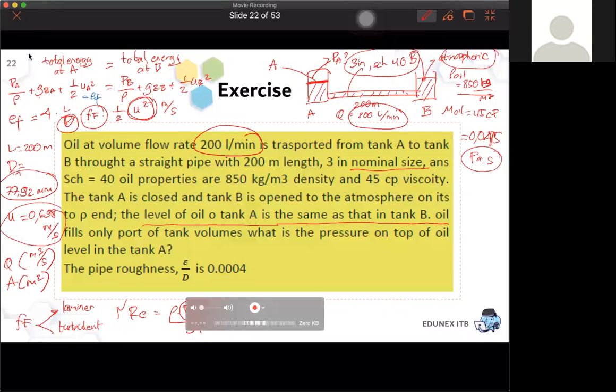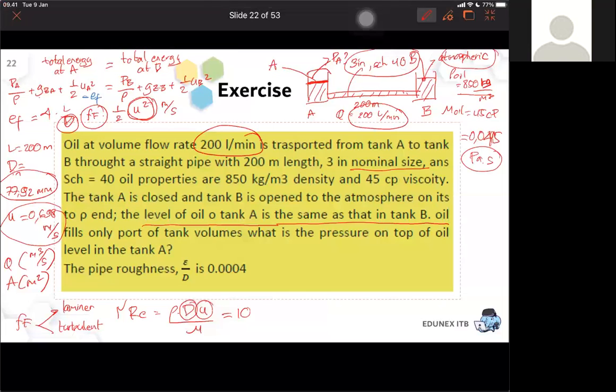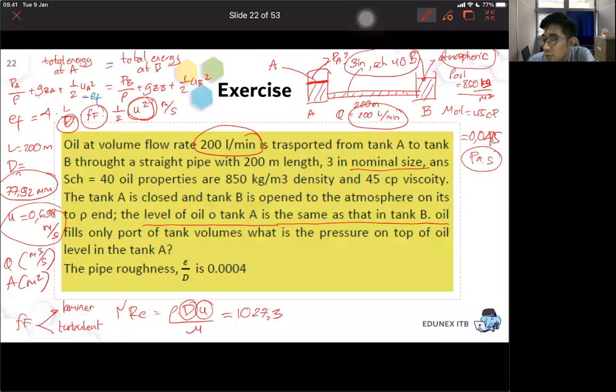I got 1027.33, sir. Okay. How about the others? Do you have the same results? I got 1027.1. Okay, so is this laminar or turbulent?